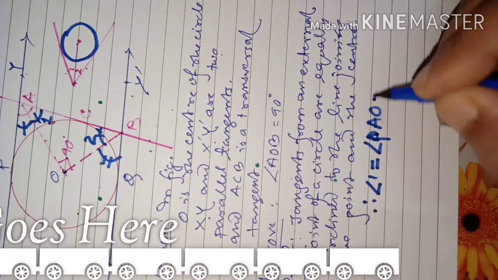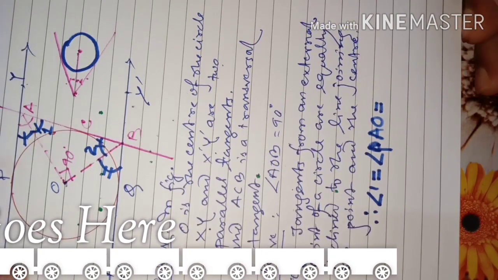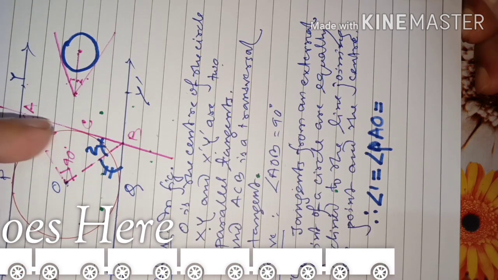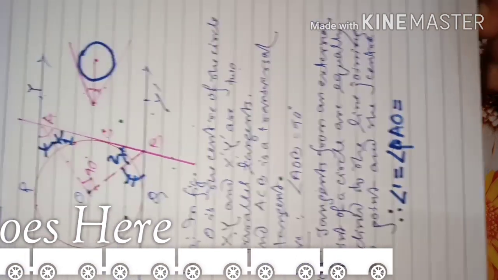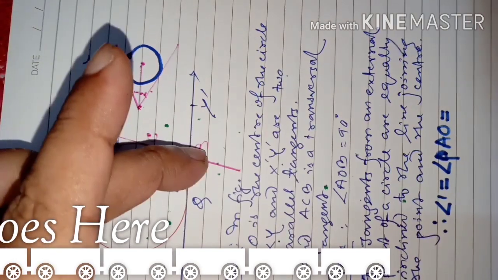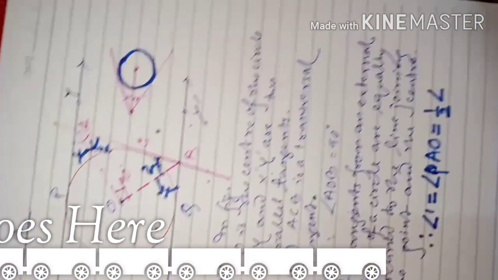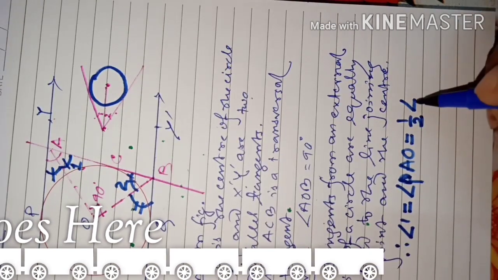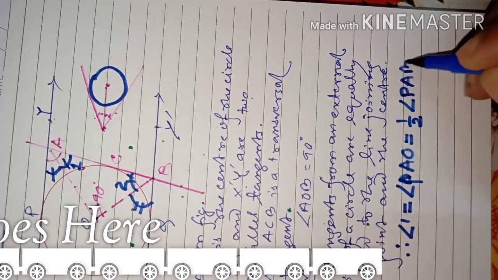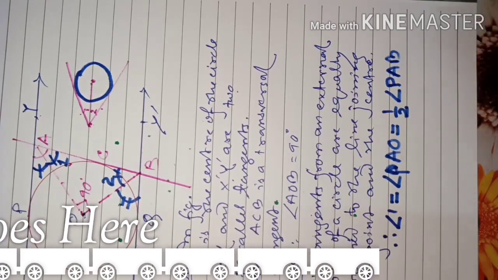Angle 1 and angle PAO are both half of angle PAB. That is angle 1.